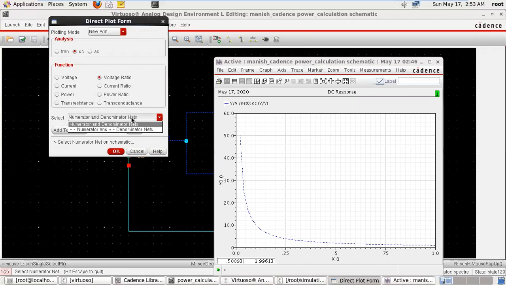So this is the voltage difference of these two nets with respect to the ground. Whenever you select numerator and denominator net, it will give you the ratio of two node voltages with respect to the ground.